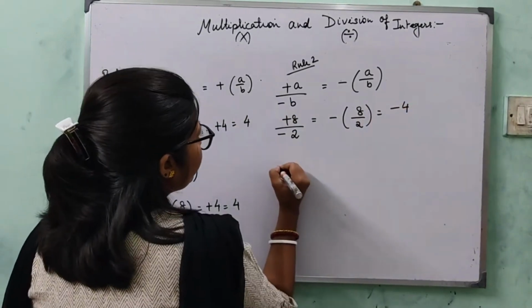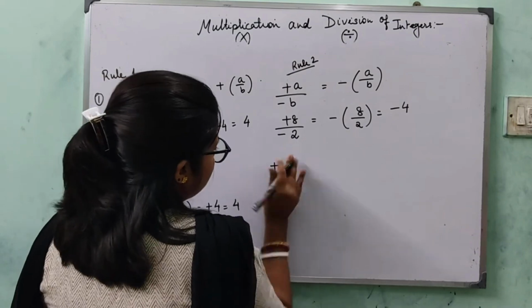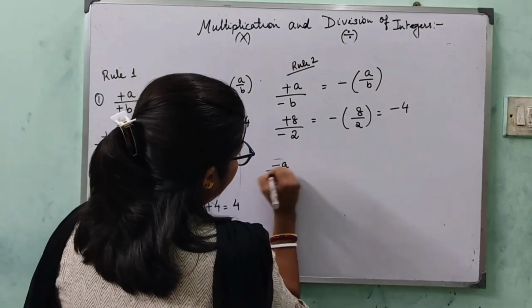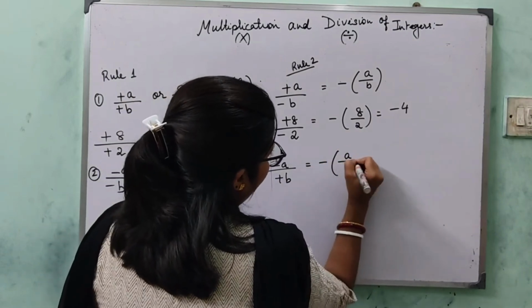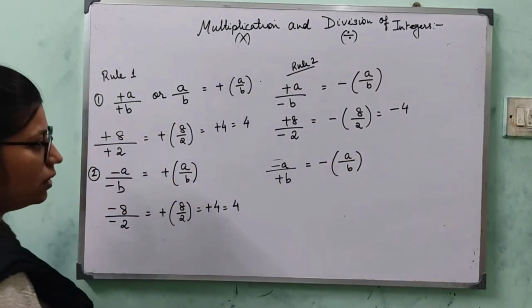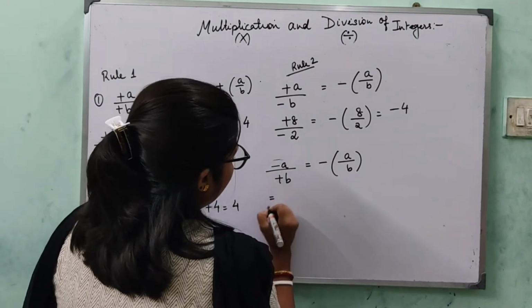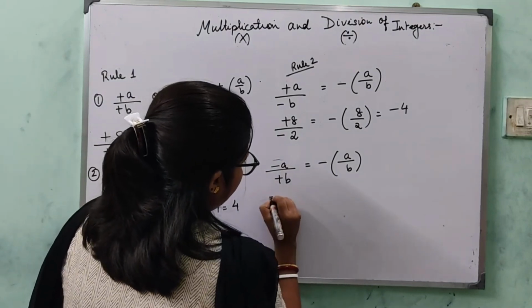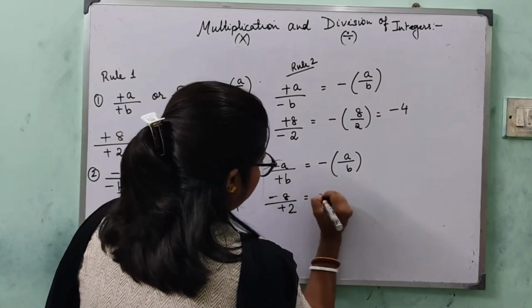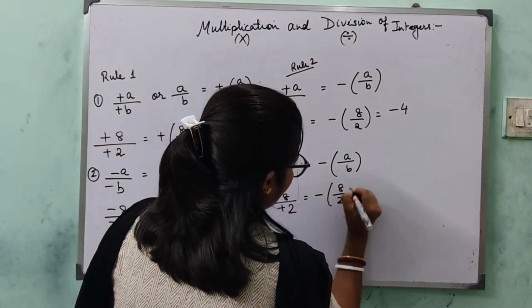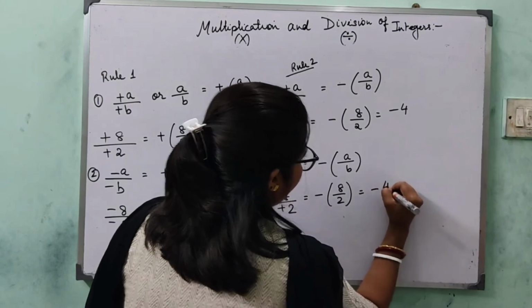Or if you have a minus a divided by a positive b, so that will also have a minus sign. Let's take minus 8 divided by a plus 2, that is equal to minus 8 by 2, that is minus 4.